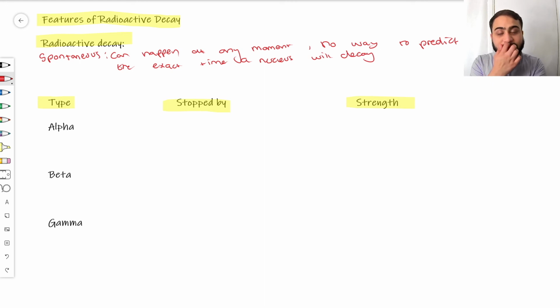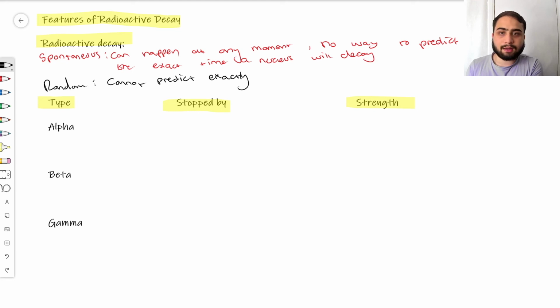Okay, so that's the first overall theme that you need to understand. And the second theme that you need to understand is that it's random. So you cannot predict exactly which nucleus will decay.